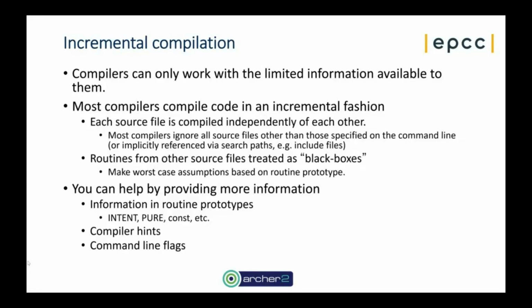Pure is a function keyword for Fortran, which says this function does not change any of its input parameters. It produces a result, but it does not change any of its input parameters.